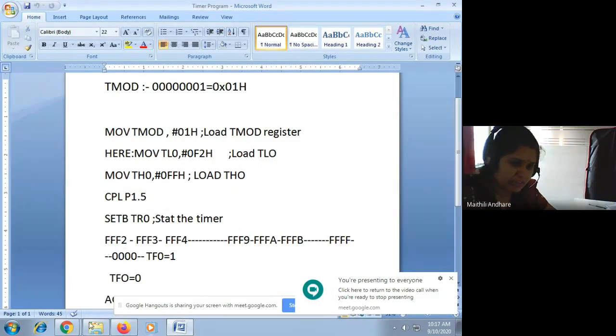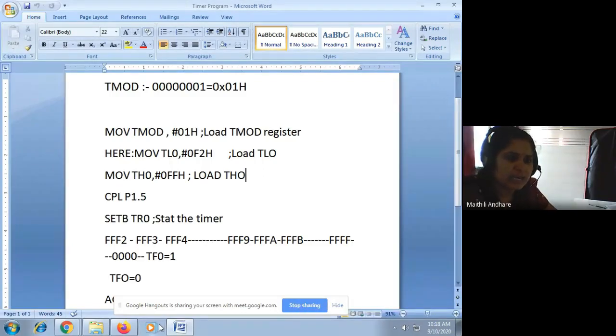If it is given, you should be able to calculate how much delay is generated by this value. This is one task. And the second task is, if the user wants to generate a prescribed delay of 5 millisecond, 10 millisecond, 20 millisecond, what initial value is to be loaded in the timer register.